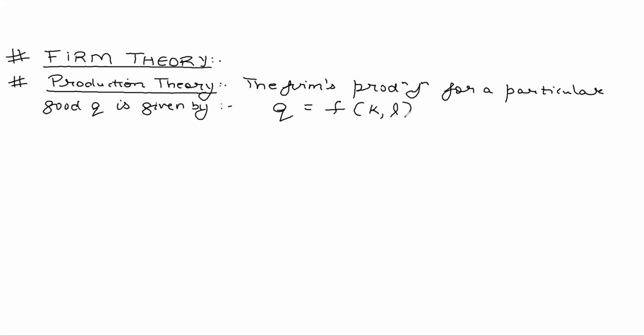Output Q is a function of two inputs, the primary inputs, which are capital and labor.